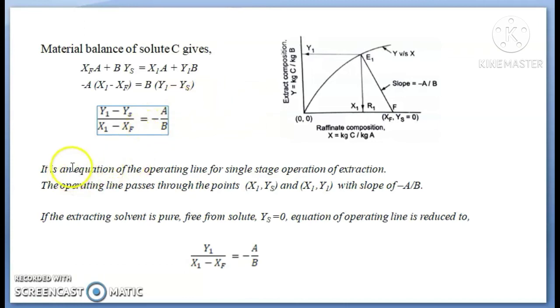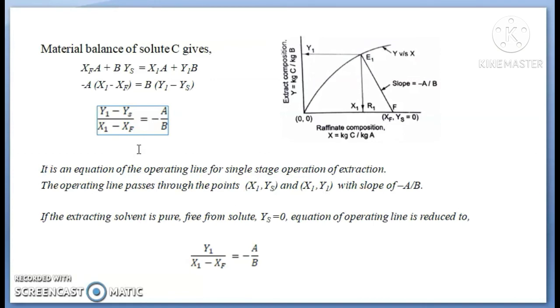So this equation shows the operating line for the single stage extraction, the line connecting X1, Y1 with XF, YS, which gives you a straight line having the slope minus A upon B, where we can determine the quantity of B required and the concentration of the solute C in the extract as well as in the raffinate phase.